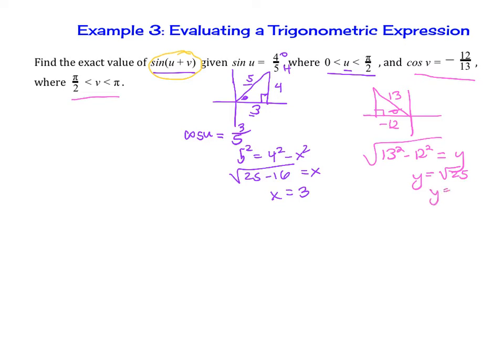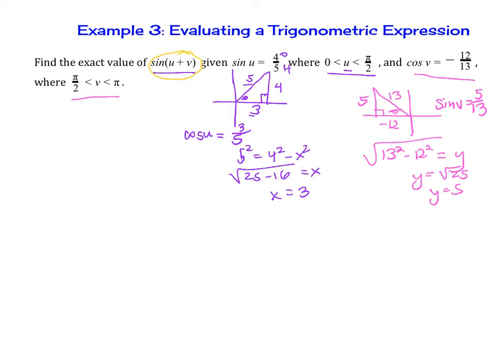So y is 5. So therefore we know that the sine of v is 5 over 13. And sine is positive because it is in quadrant 2. So be careful of those signs there. Really important to draw your triangles.